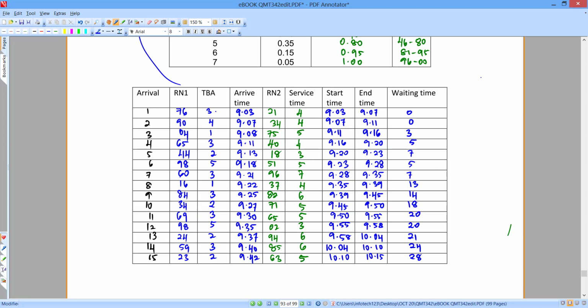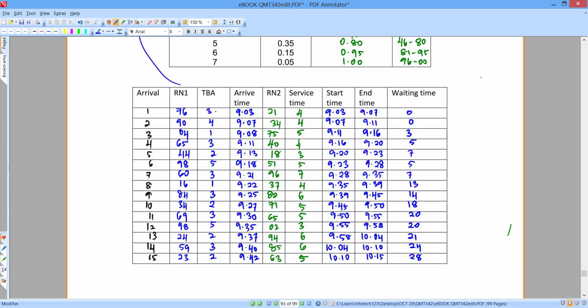He or she arrives at what time? No customer yet, so on arrival, he or she will definitely start the photocopying. So start at 9:03. How long does it take?